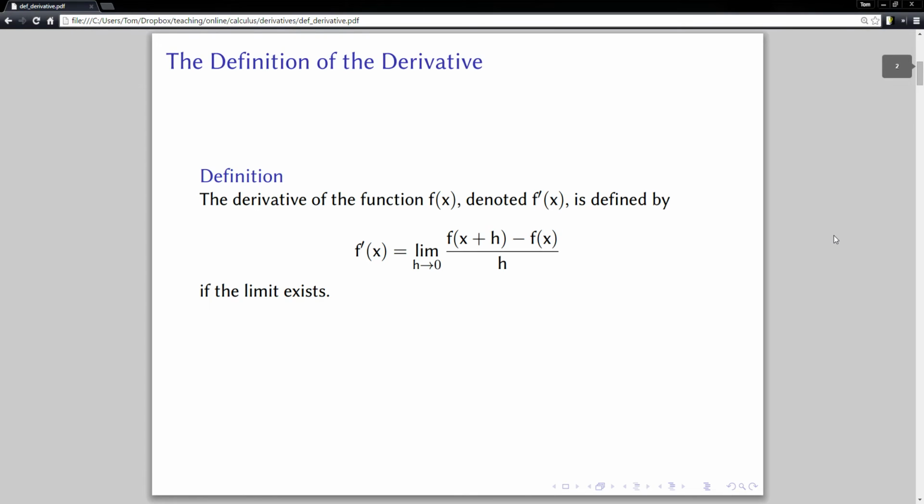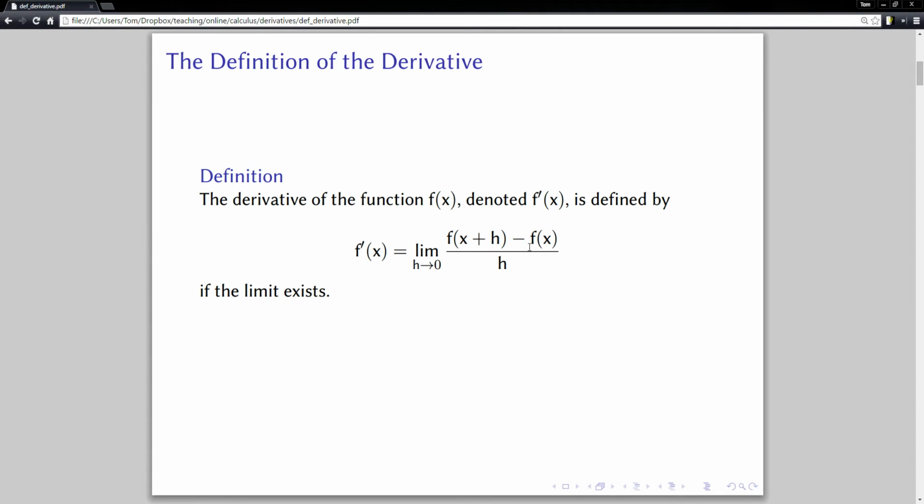All right, so here's the definition of the derivative. Again, this is going to look an awful lot like the previous definition at a number, but here we won't have a specific number at which we are taking the derivative. The derivative is denoted f prime of x. So we have x here instead of a specific number, and that's the main difference.